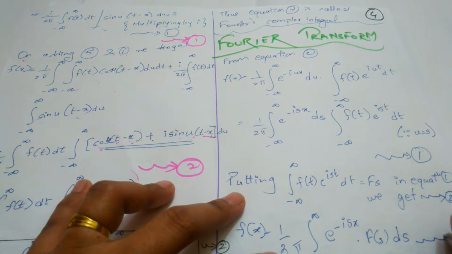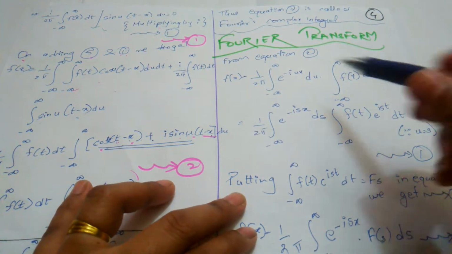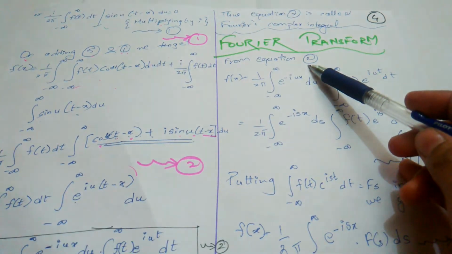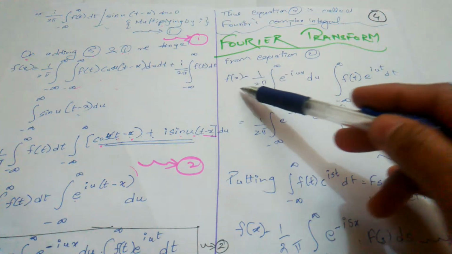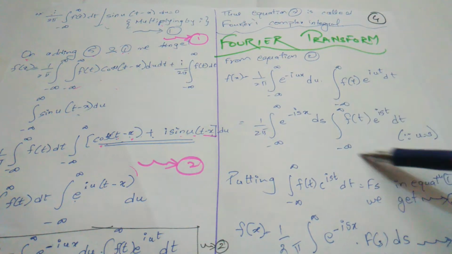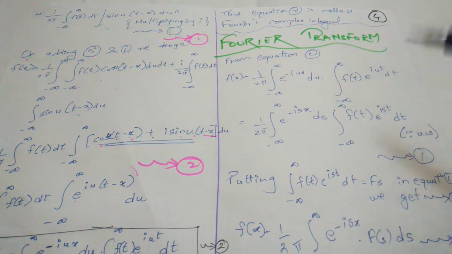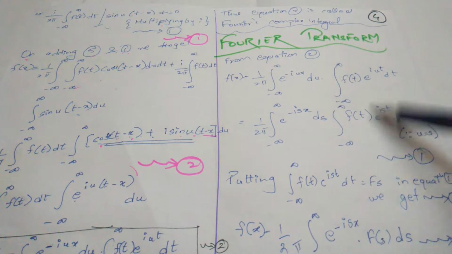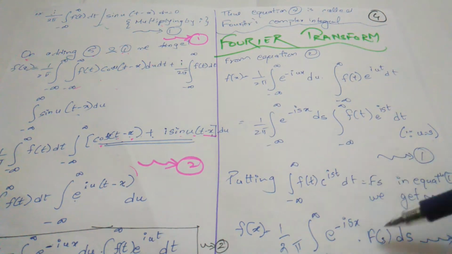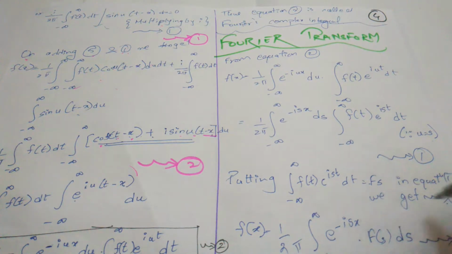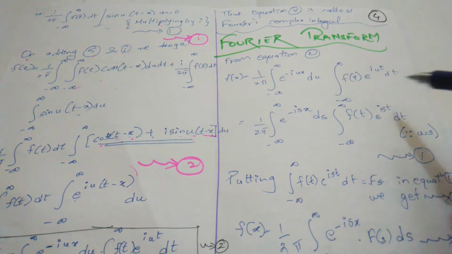Let me mark this as equation number 3. So what I have done is taken equation number 2, same as it is, and instead of u I have substituted s. Then I have denoted this part as F of s, marked it as equation number 2 also, and then substituted this value in equation 1. So we are getting something like this.